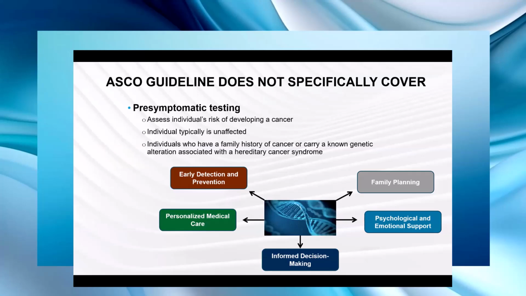medical care. Knowing genetic cancer risk can also empower individuals to make informed decisions about their healthcare and lifestyle choices. This also has implications for family planning, and healthcare implications for other family members. It's also important to know that there are psychological and emotional challenges to pre-symptomatic testing.